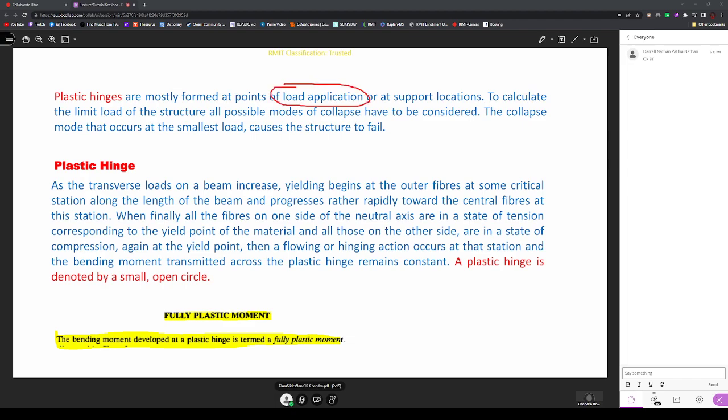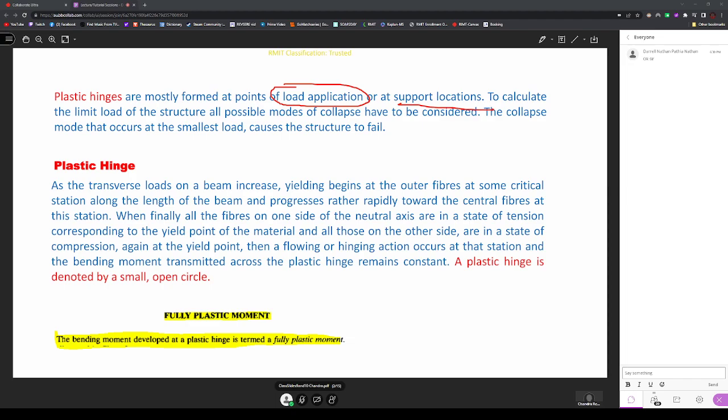So now let us say the plastic hinges are formed at load points where the loads are maximum and also at support locations. So the maximum yielding takes place due to the loads acting on the structure. The maximum yielding starts exactly where the load is acting, the concentrated loads, and also at the support locations. So we know the support locations include the pin joint, the roller joints, and also the fixed joints, right?